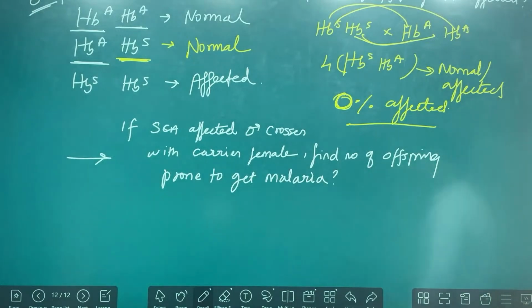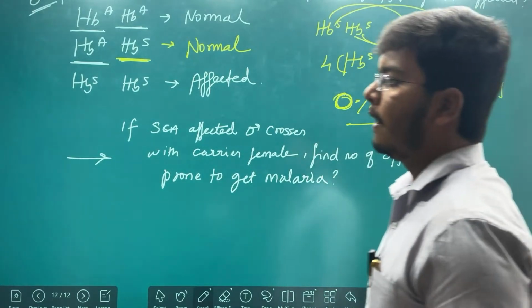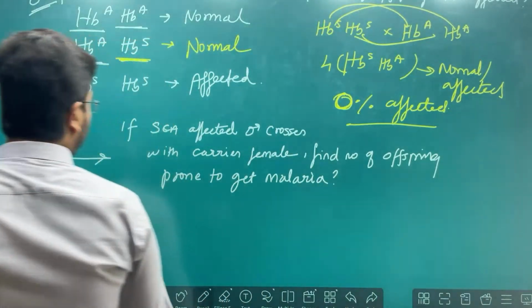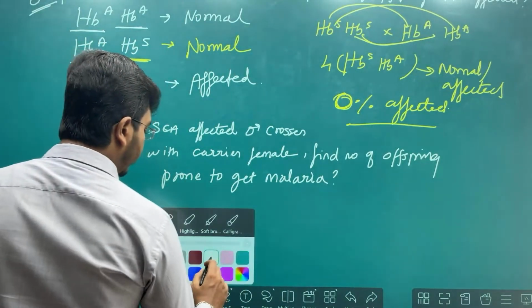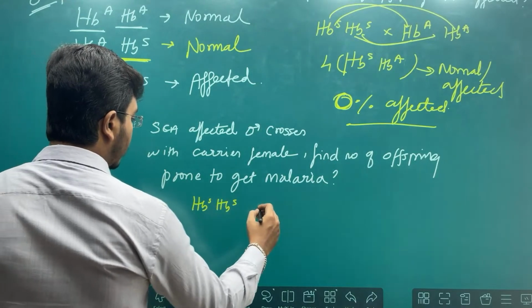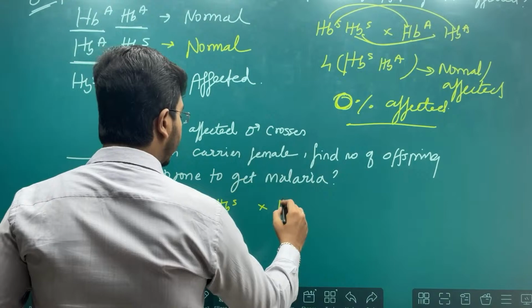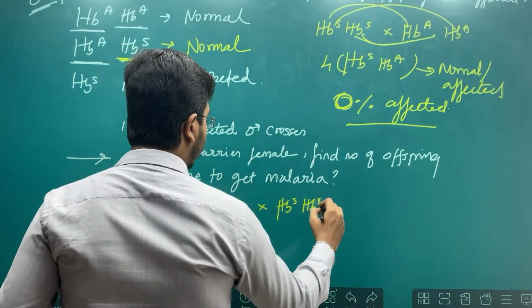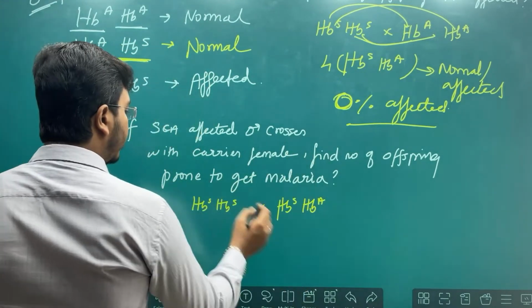If a sickle cell anemia affected male crosses with a carrier female, the affected male is HbS HbS, crossed with the carrier female, that means HbS HbA. What will be the answer?